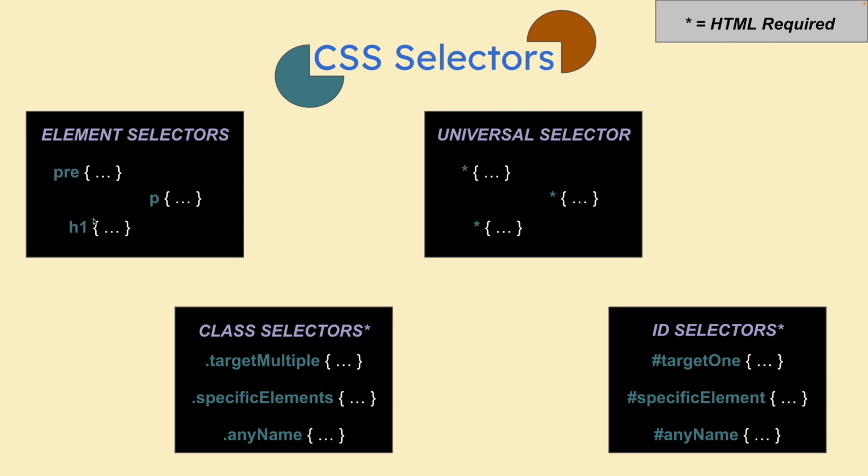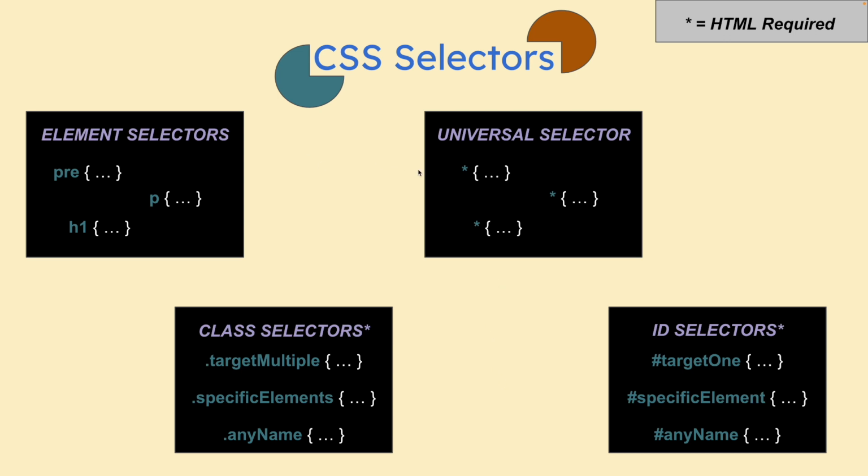Again, these are the ones that you're already familiar with. All preformatted text would get whatever was in the curly braces here that was being styled. All paragraphs, all heading ones, all number one headings, main headings. Then you have the universal selector. There's only one of these, and it's an asterisk, and it basically targets every single thing in the document.